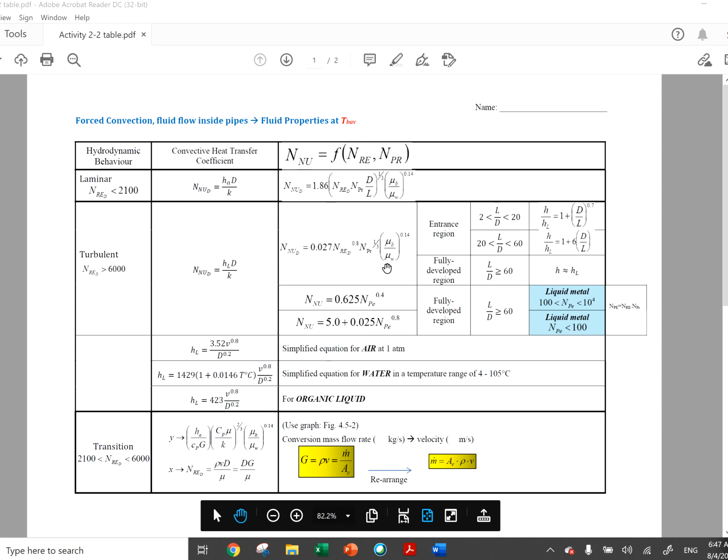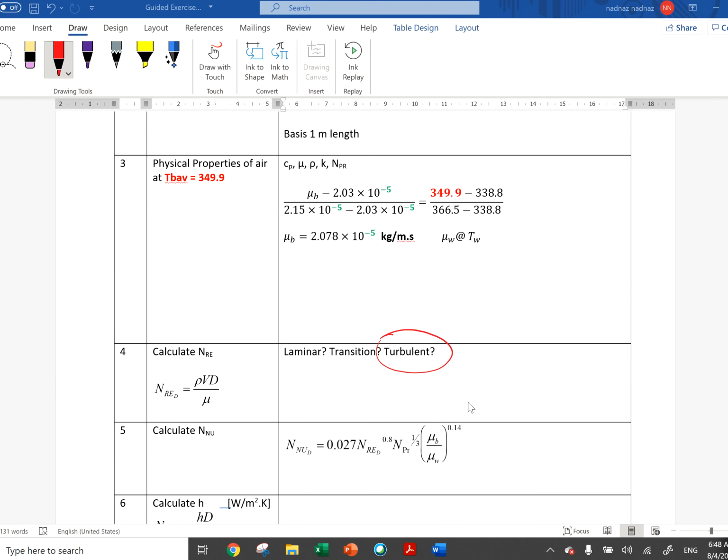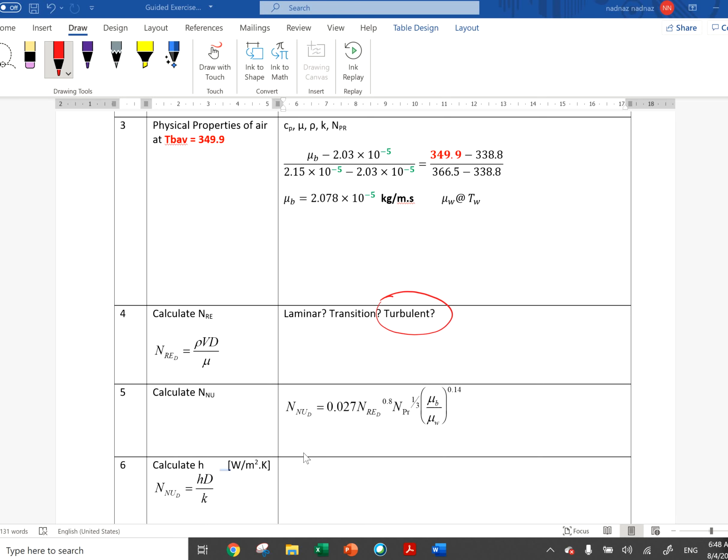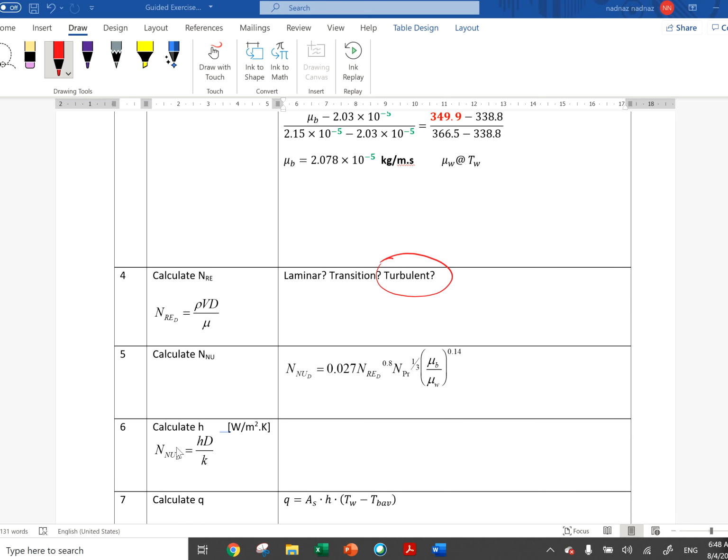Import this into our guided exercise. After you have imported this, please calculate the Nusselt number, and then please calculate the H, which is the convective heat transfer coefficient.